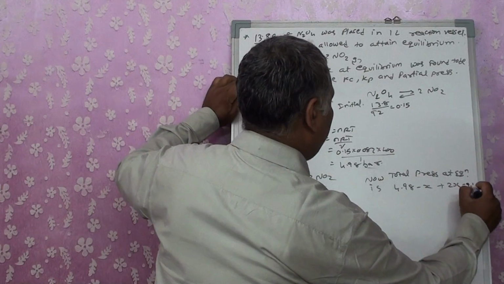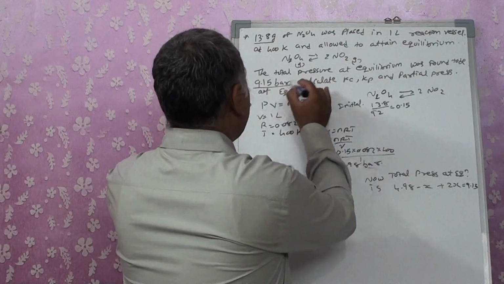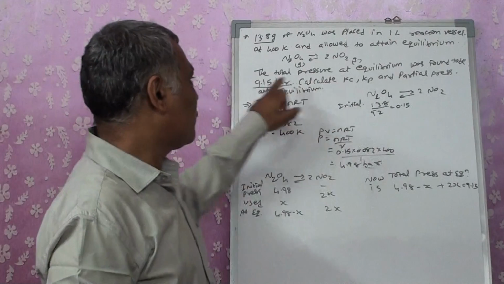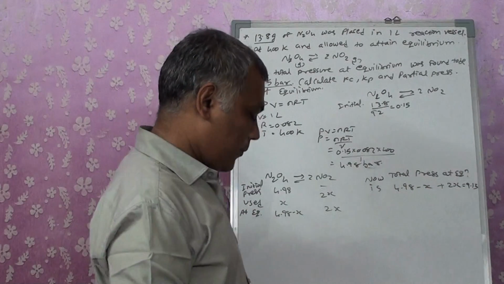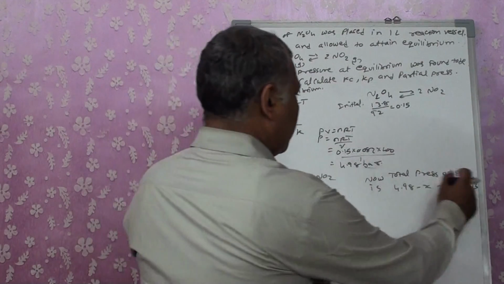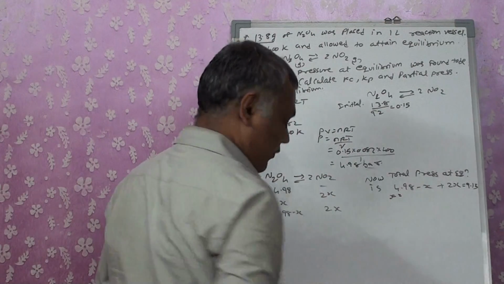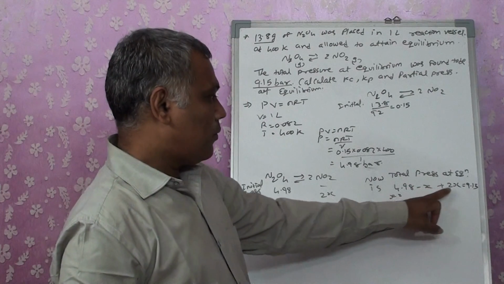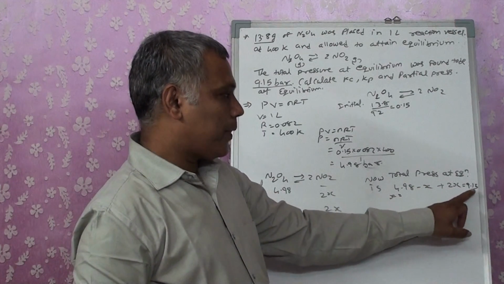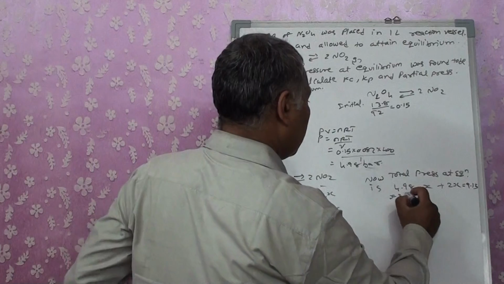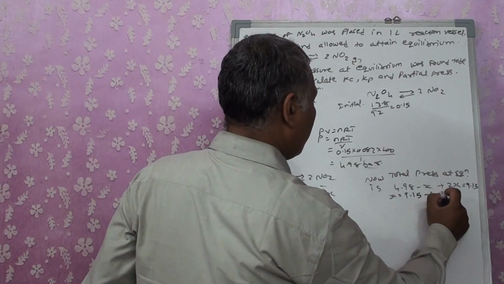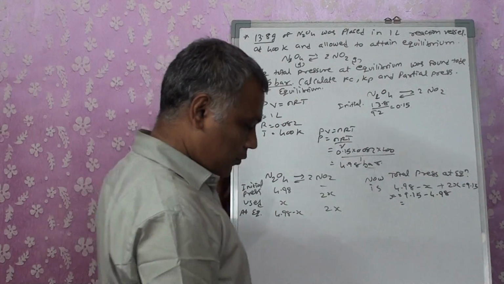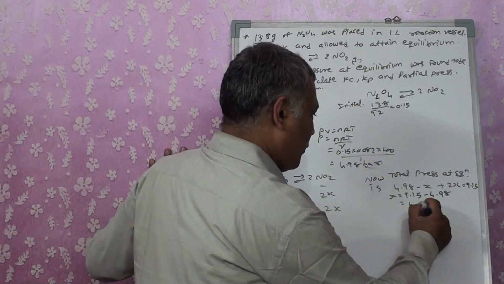It was told to me that the total pressure at equilibrium was found to be 9.15. So now, calculating the value of x, we get 4.98 plus x equals 9.15. So x is 9.15 minus 4.98, and we will be getting the answer 4.17 bar.